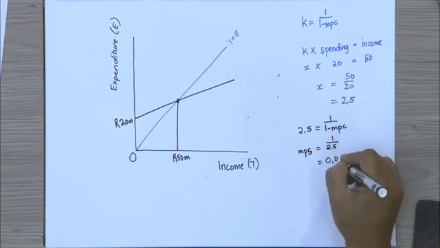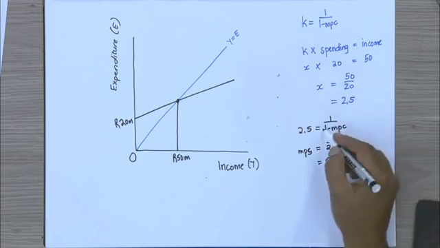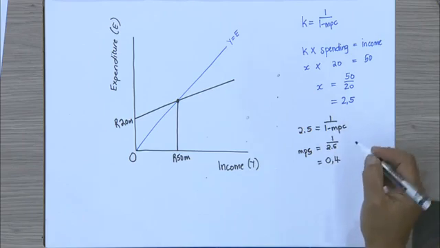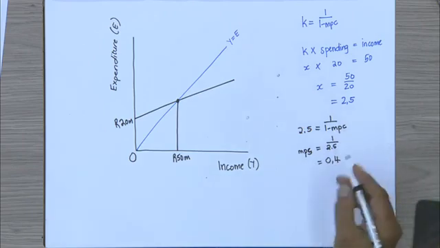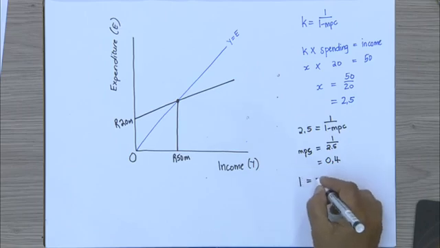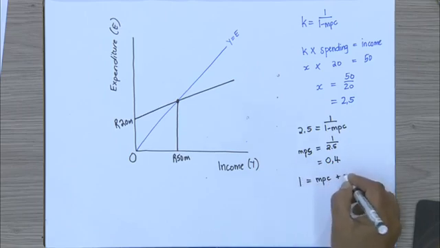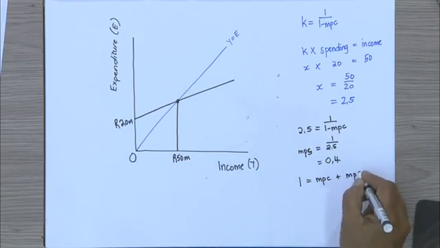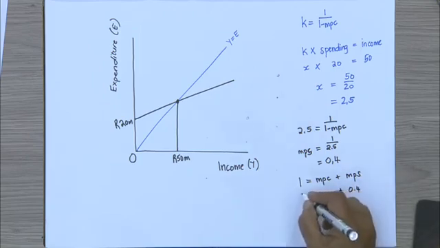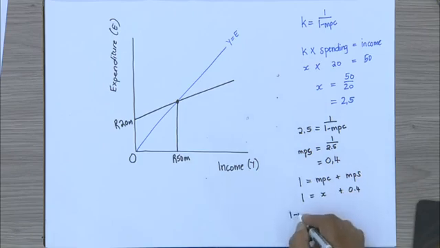Because 1 minus MPC is your MPS, right? So remember what we said, 1 is equal to MPC plus MPS. So if MPS is 0.4, then we don't know what MPC is. So therefore, it's 1 minus 0.4, which will give you X, which will then be 0.6.